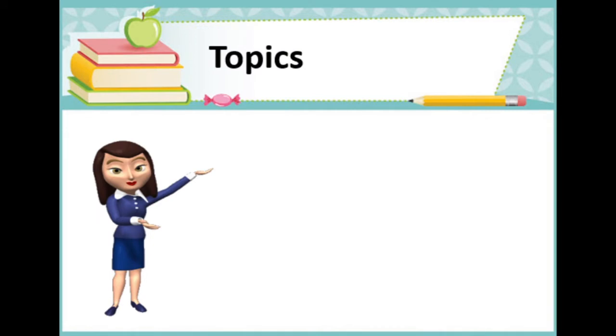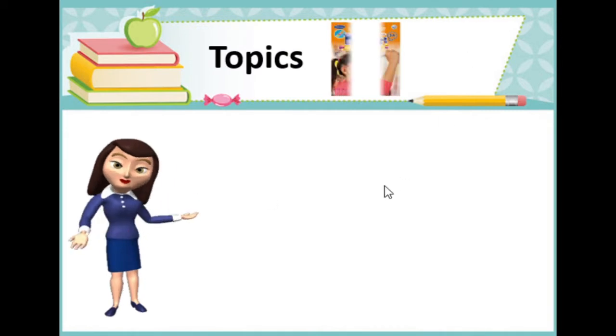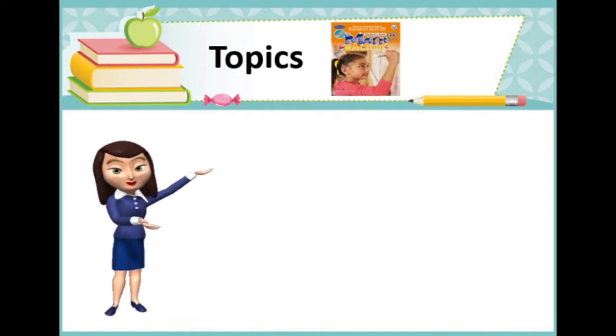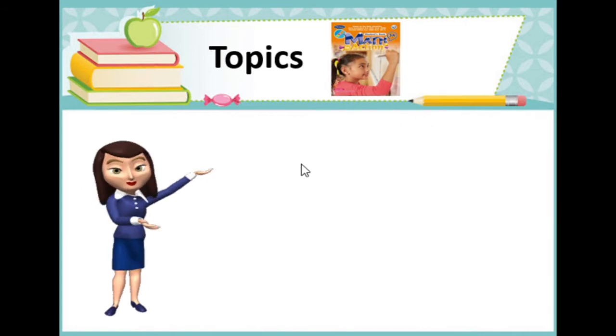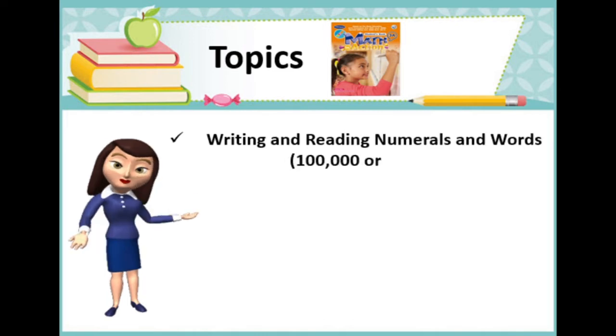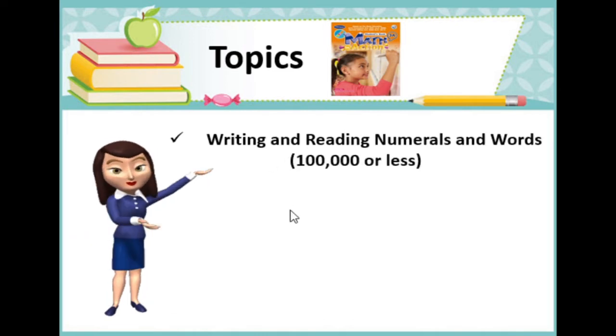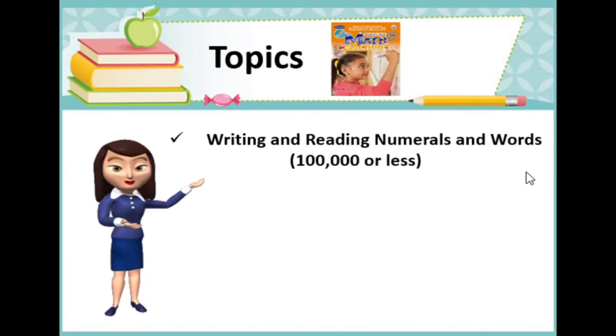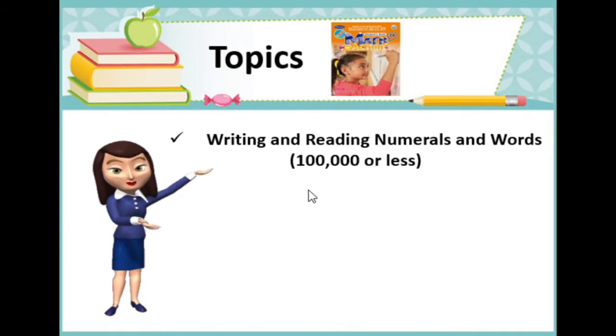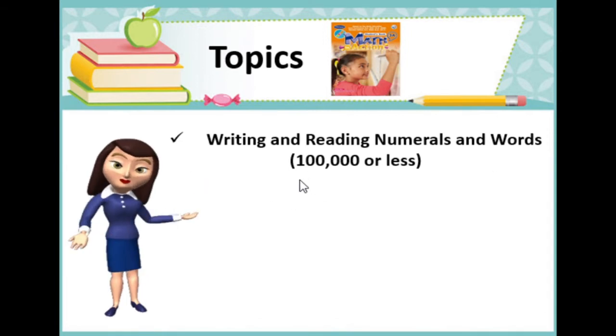For our subject math, we are going to talk about these following topics, which can all be seen in your book. This is your book. It's Math in Action Reading. The following topics will be covered as much as possible. First, we have writing and reading numerals and words with 100,000 or less.